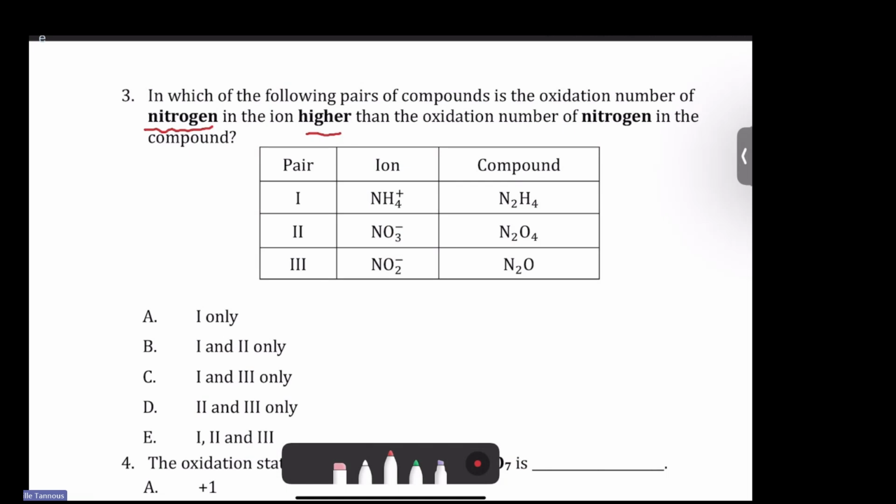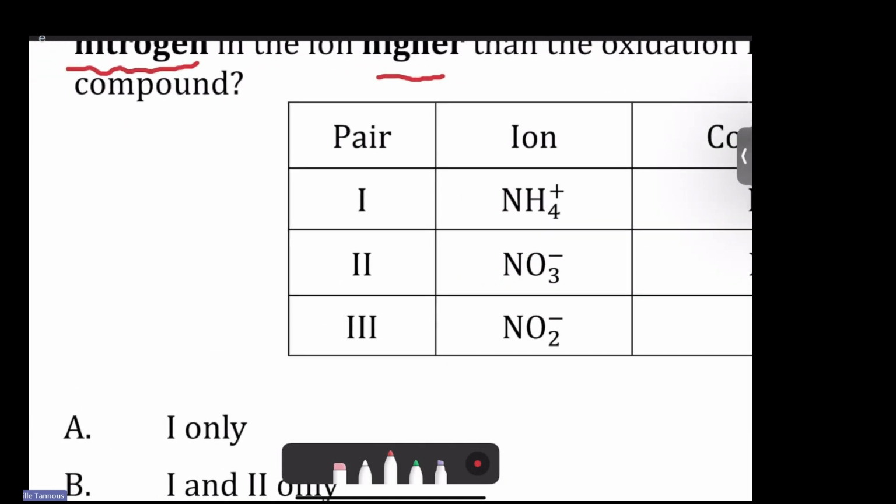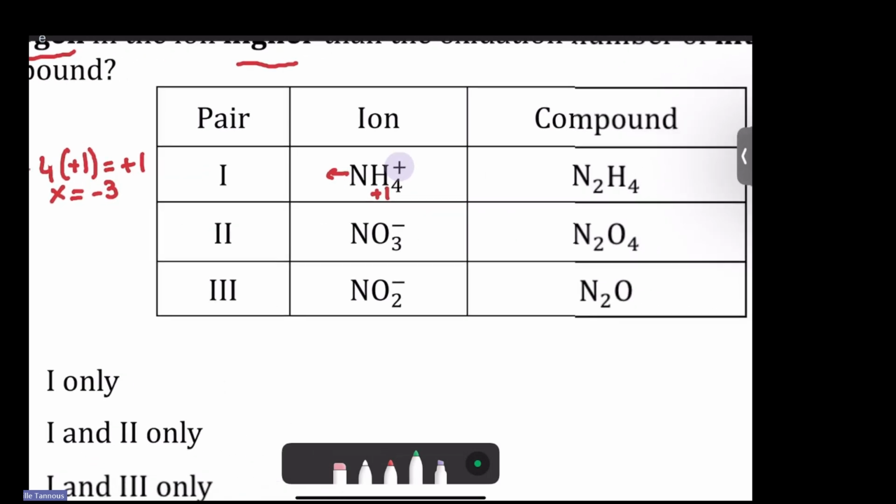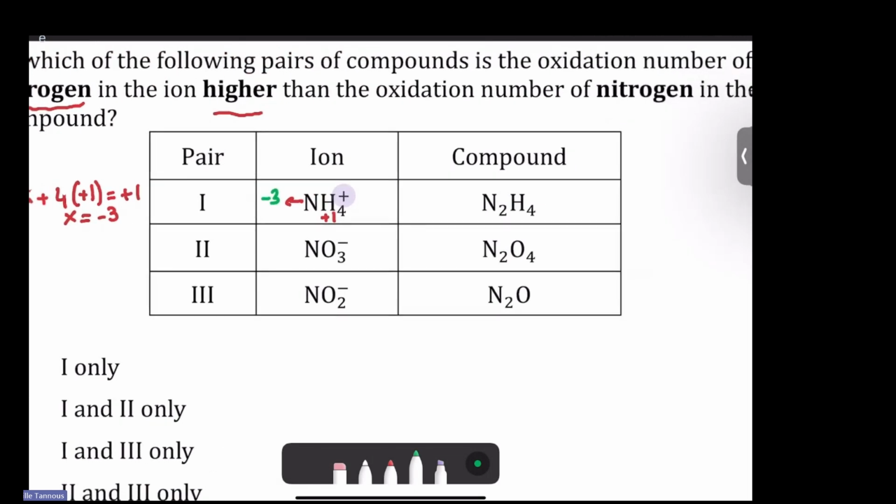So I'll find N for the first one. H is positive 1. So I'm going to solve this here. X plus 4 times the hydrogen, where each is positive 1, equals the charge, positive 1. Therefore, N over here is equal to negative 3. Now, let me check the second one.